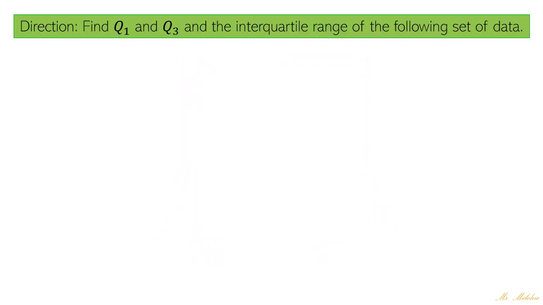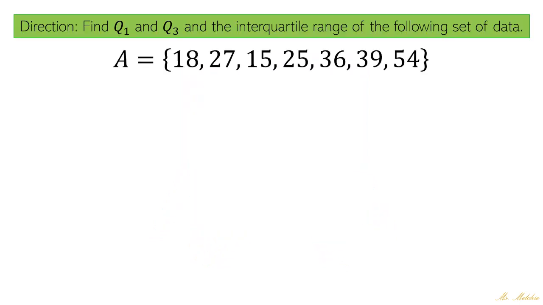Let us have our first problem. So we have to find the Q1, Q3, and then the interquartile range. Now, before anything else, maybe let's start with identifying our n or the sample size. So how many scores or values are given here? So 1, 2, 3, 4, 5, 6, 7.